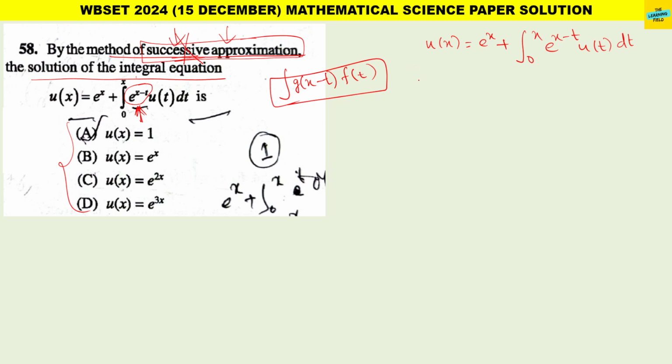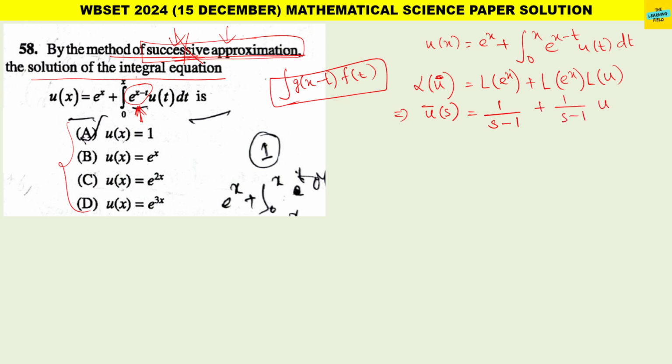So taking Laplace transform, L of u is equal to L of e to the power x plus L of e to the power x into L of u, fine. Suppose we take L of u equal to u bar, a function of s. L of e to the power x is 1 by s minus 1, plus L of e to the power x, 1 by s minus 1, into u bar.